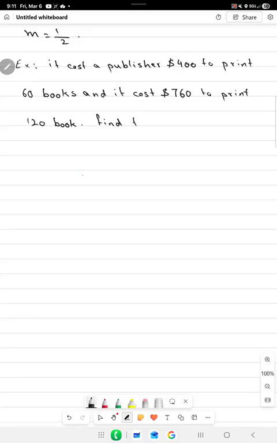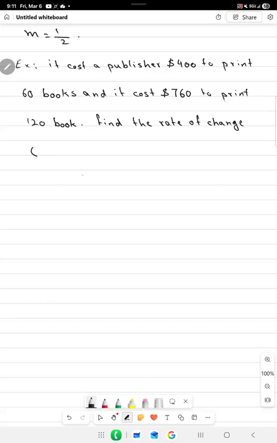find the rate of change here. Rate of change for us means, I will write it down, it's not given that way.